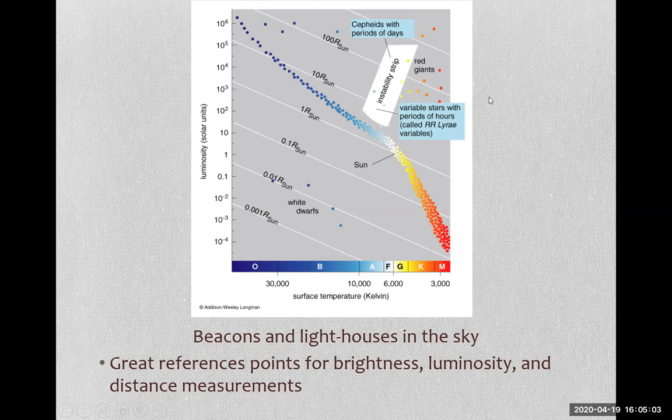But it turns out that by knowing where they are on the HR diagram, we can figure out how their luminosity changes and how their size is changing. And again, we see how their brightness changes very, very noticeably. Based upon that measurement, we can use luminosity and size at a given moment to help figure out the distance to that star at that given moment.